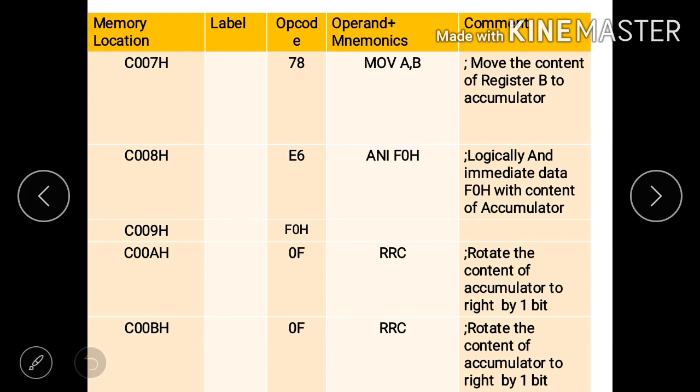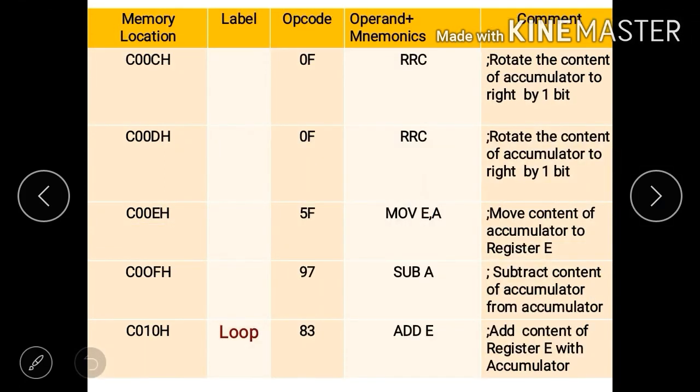This is a 1-byte instruction. In this program, we have to execute RRC 4 times to swap the nibble. The next instruction is MOV E, A. Move content of accumulator to register E. This is a 1-byte instruction.